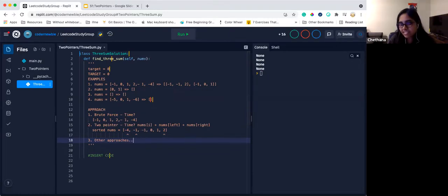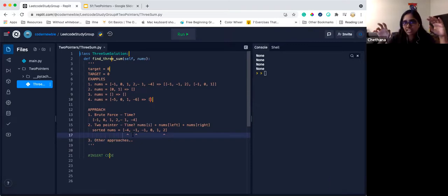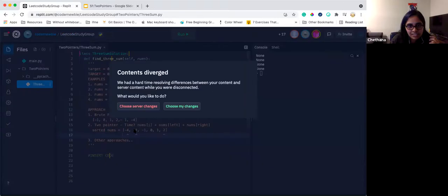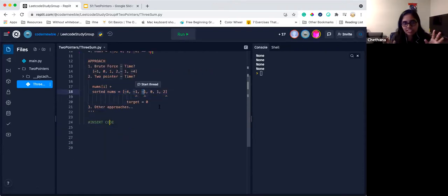Again, I think I was asking you folks about time complexities. Okay, yeah, cool, O of n squared. So why is it O of n squared? You're going to have an outer loop that runs through the entire list, and then an inner loop where you have your left and right pointers, and you're going to check, moving inward.